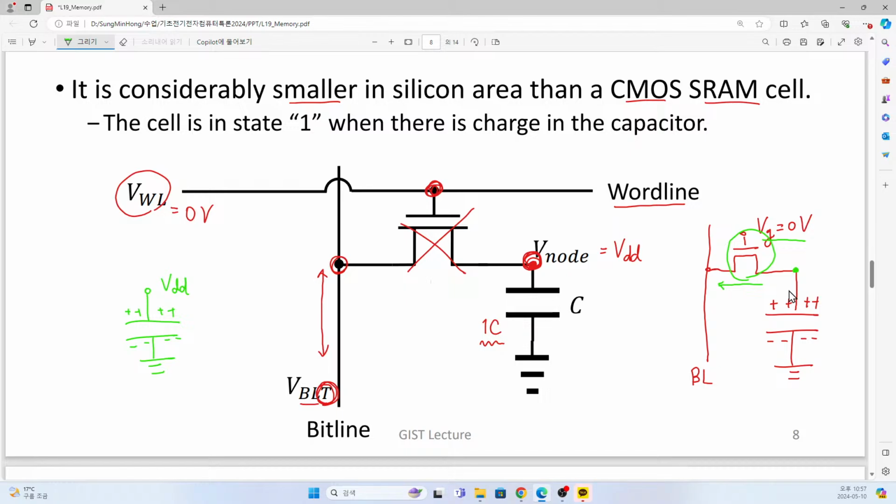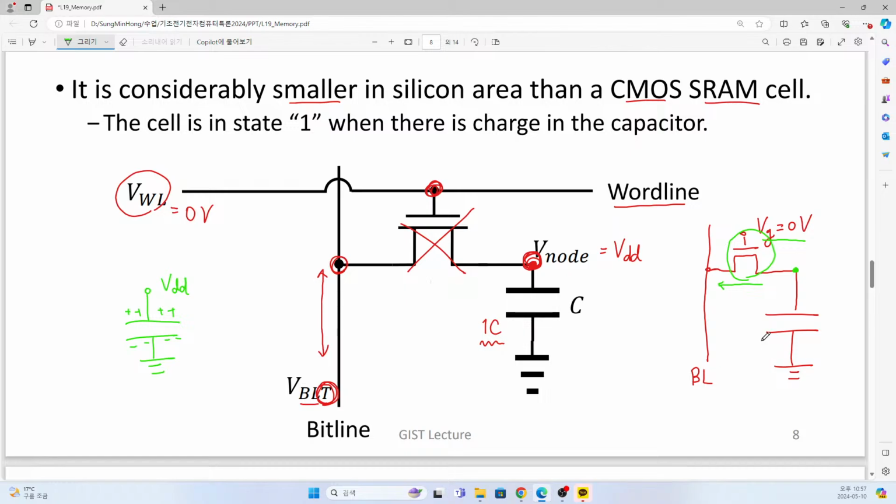So after some time later, we find that actually the amount of charge is reduced. If we wait a little bit longer, then we will lose more. And as time elapses, we will lose more and more.